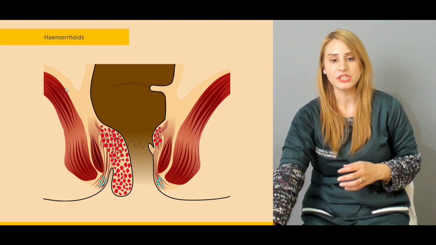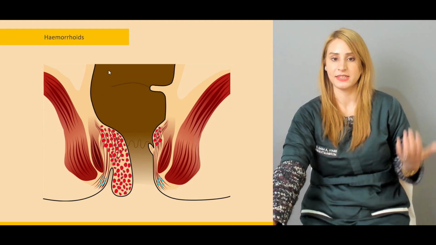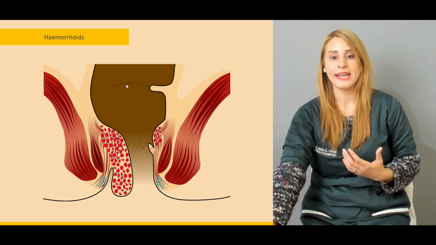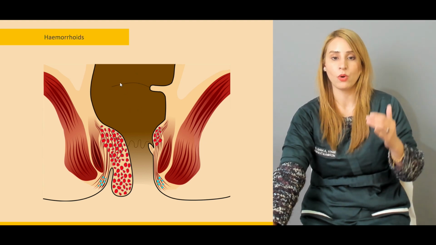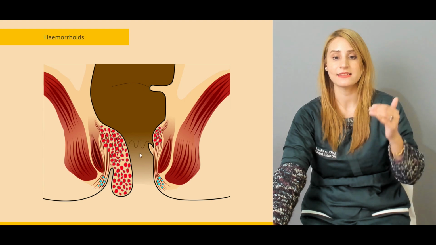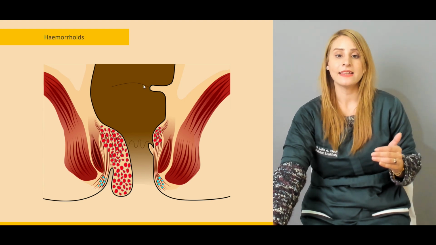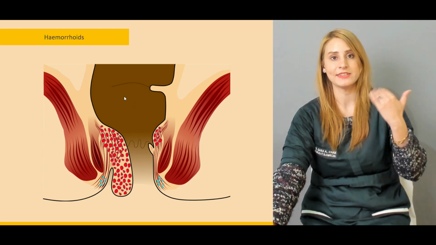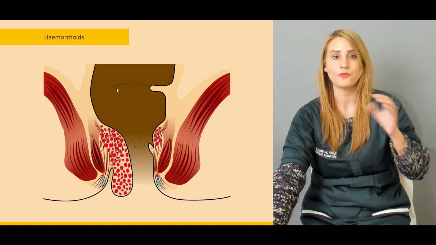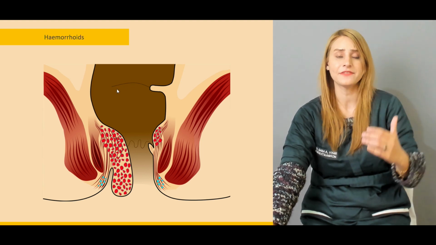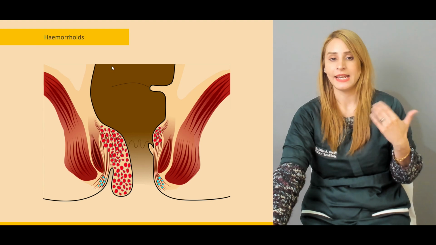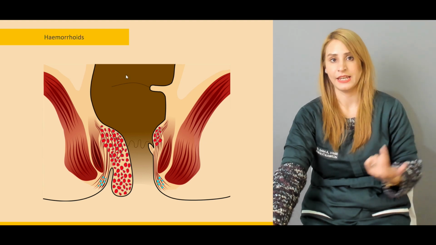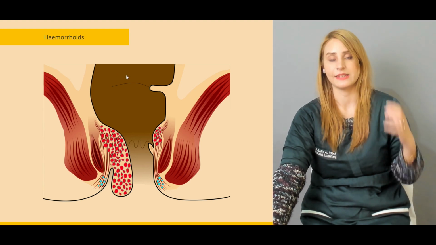If you look at this diagram, this is part of the rectum, which comes all the way downward and forms the anal canal. The upper half of the anal canal is connected with the rectum, and the demarcation between the anus and the rectum is the anorectal junction, where there is the anorectal ring.